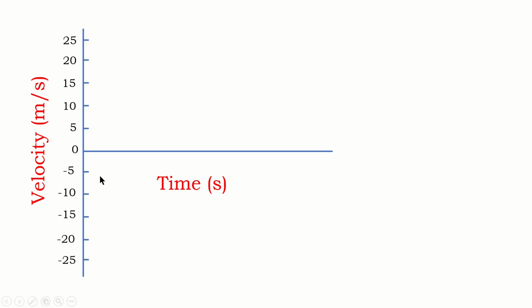According to the numerical problem, we have to go up to minus 20 meter per second. That's why at least below 0 we must have minus 20, and I have written up to minus 25. In the same way, on the upper side also I have taken the same distance, so velocity on the y-axis is represented from 0 to minus 25 negative and 0 to 25 meter per second positive.